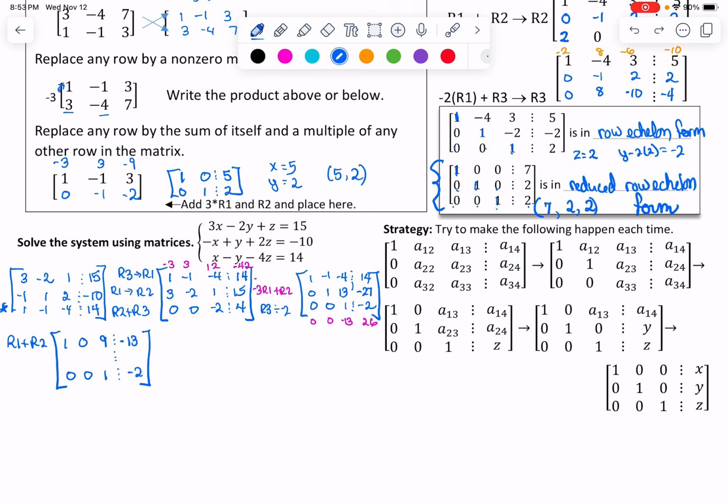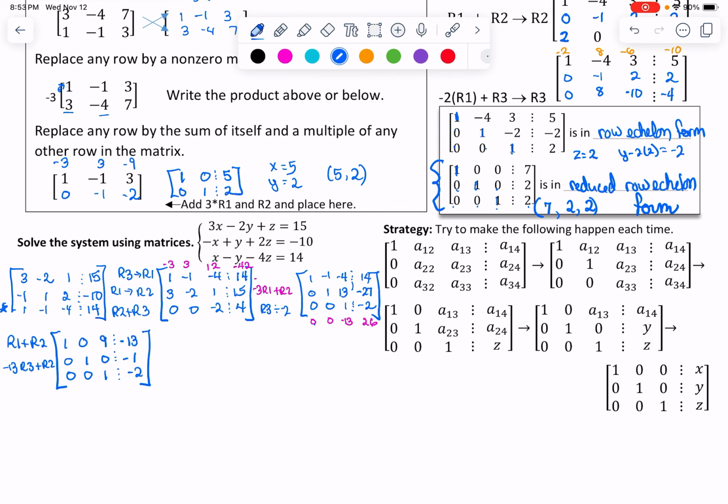So negative 13 times row 3 added to row 2, going into row 2. 0 plus 0 is 0. 1 and 0 is 1. Negative 13 and positive 13 is a 0. And negative 27 and 26 is a negative 1.